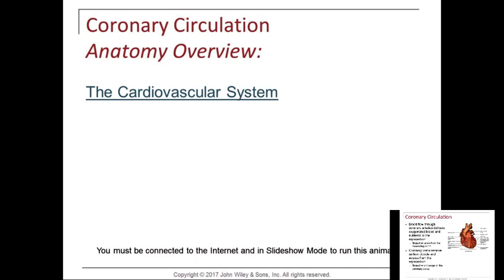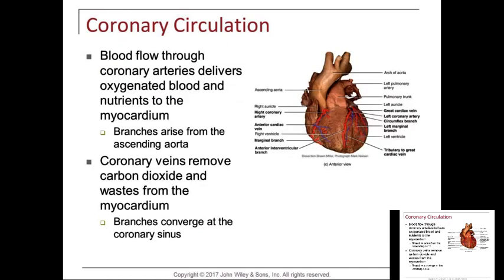Okay, blood flow through the coronary arteries delivers oxygenated blood and nutrients to the myocardium. Again, the heart is muscle. So let's just review and show you off of the aorta right here, there's one blood vessel coming off of it, and the pulmonary trunk is blocking it, but if this was removed, right here on the other side is another blood vessel, and again I'm going to draw it dotted because it's going behind, leading this way into the left coronary artery.